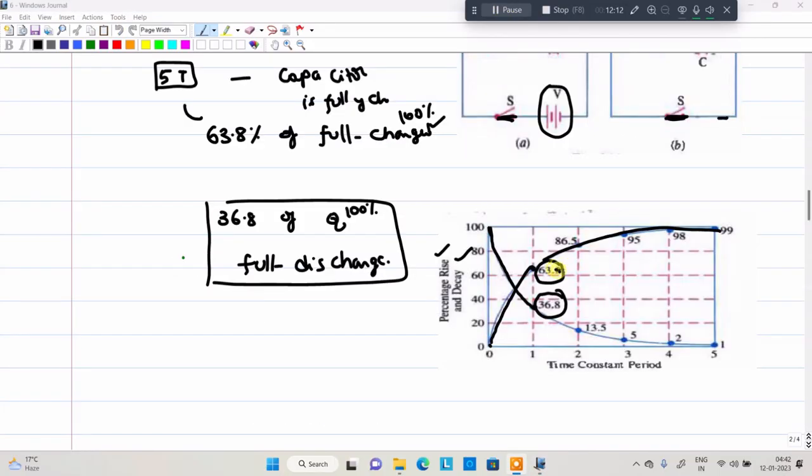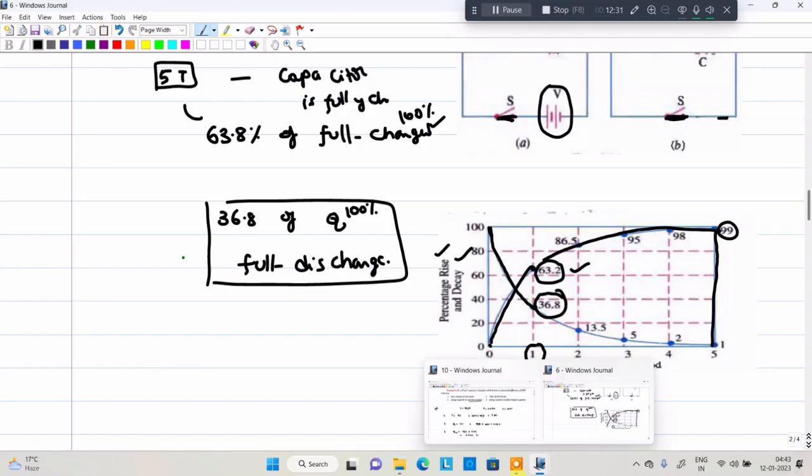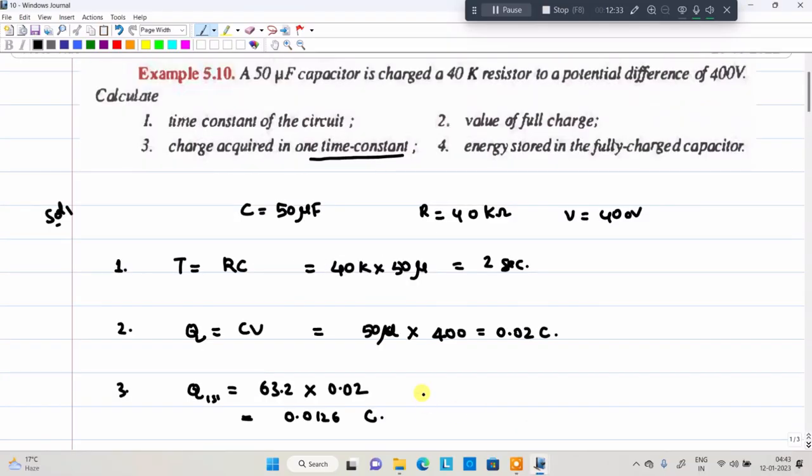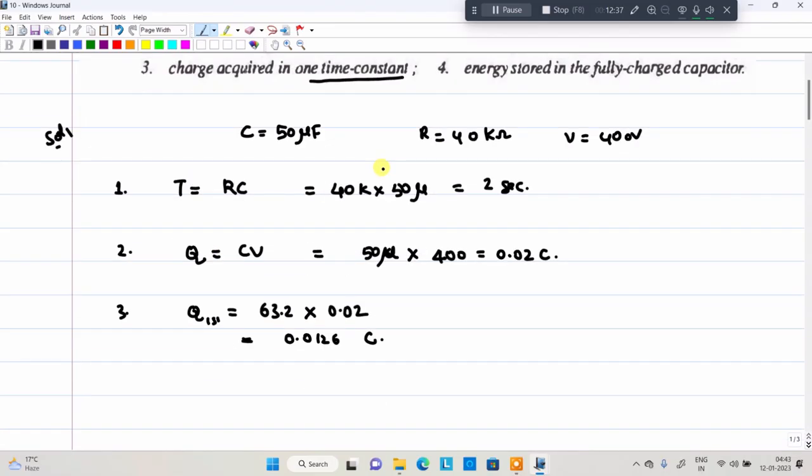Look here, we reach this 63.2% at time constant 1. This is the 5 time constants, where it reaches 100%. So got my point? Charge acquired in one time constant is 63.2%.